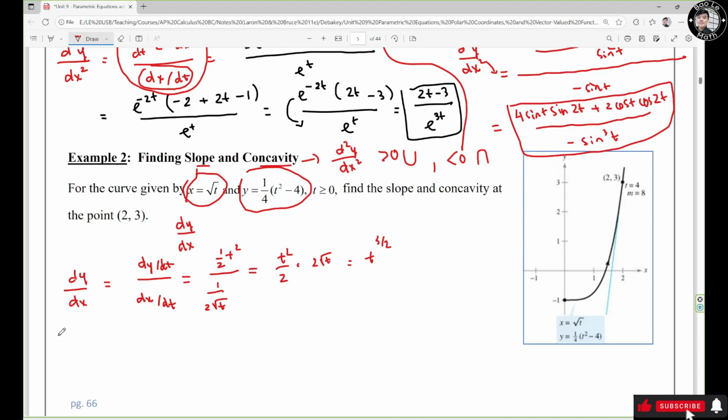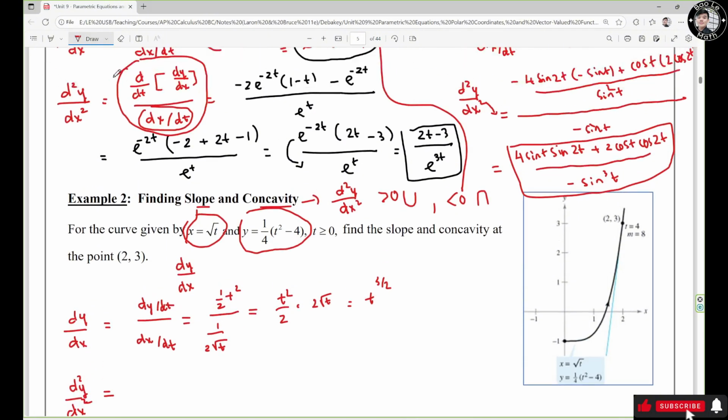Now, the second derivative, d squared y over ds squared. We're going to apply the formula right here again.